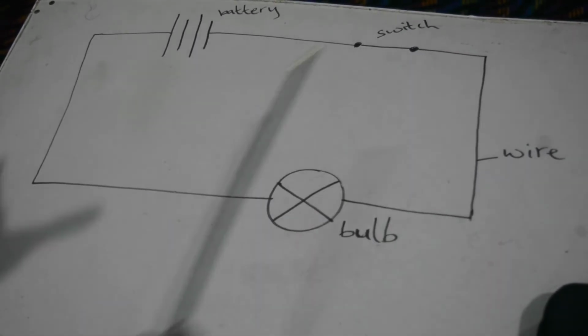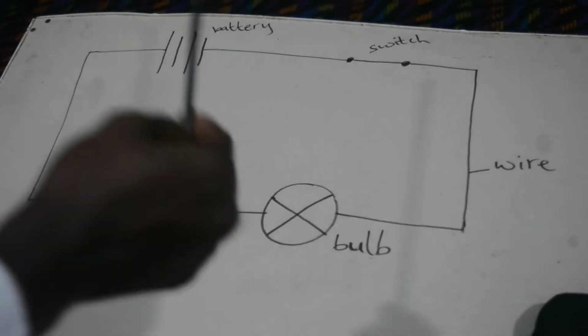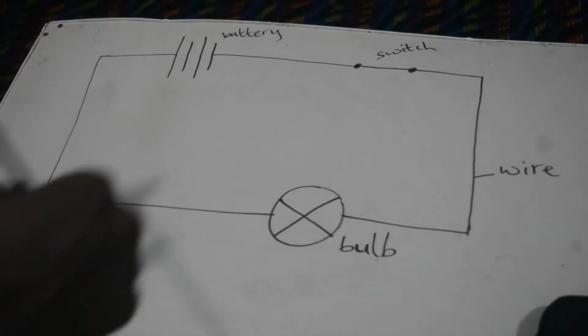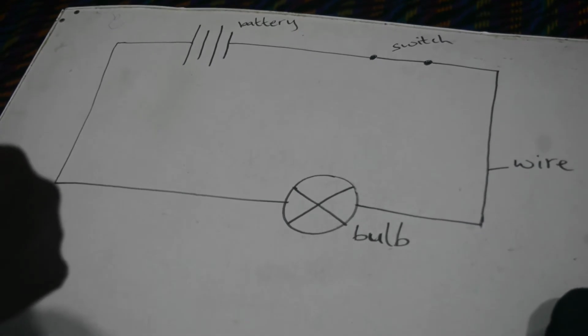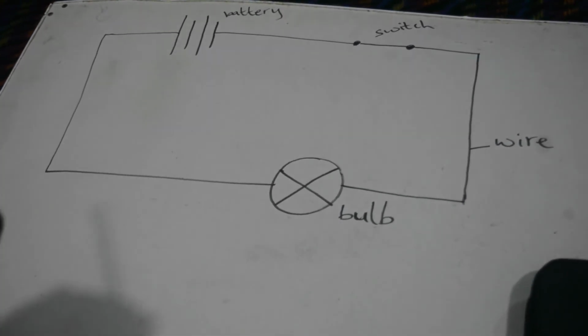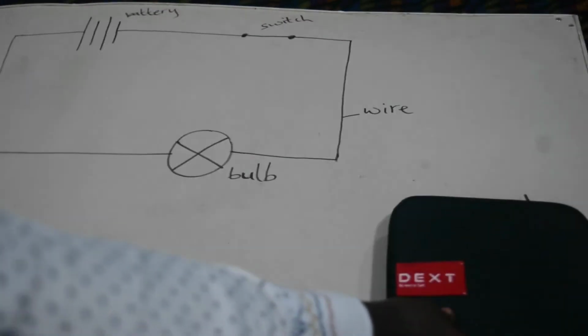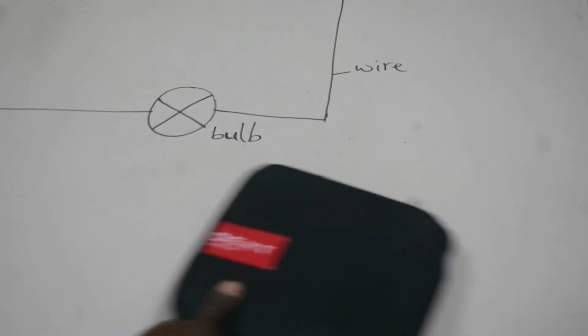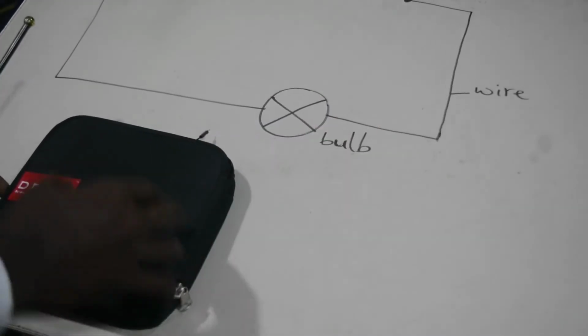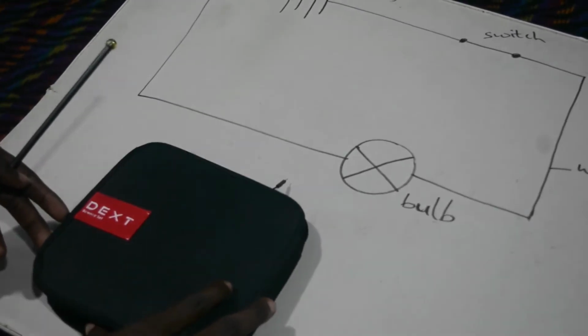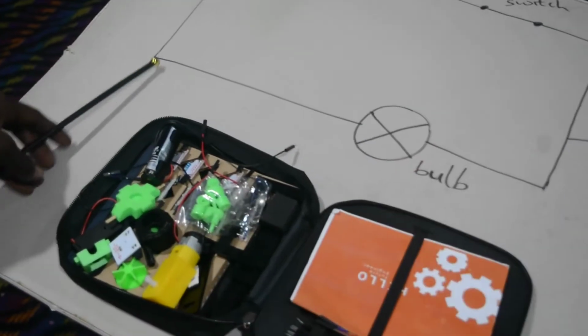We are going to find out if truly this circuit can produce the current we need to light up the bulb. With the help of our science set, we are going to demonstrate how this electric circuit will look like.